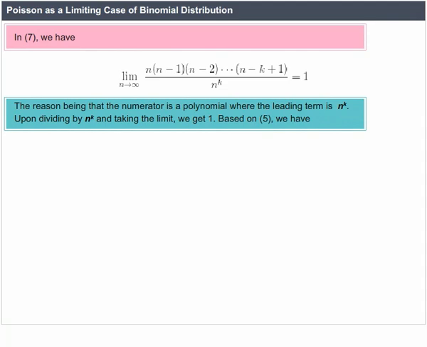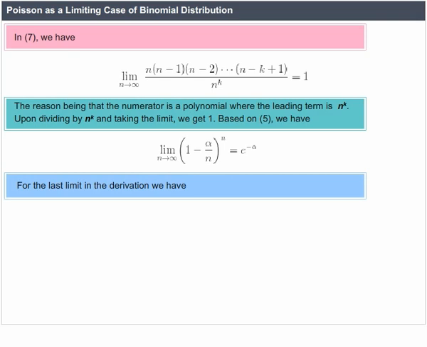Upon dividing by n power k and taking the limit, we get 1 based on 5. We have limit n tends to infinity 1 minus alpha by n whole power n equal to e power minus alpha. For the last limit in the derivation, we have limit n tends to infinity 1 minus alpha by n whole power minus k equal to 1.